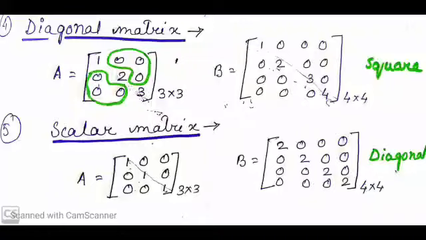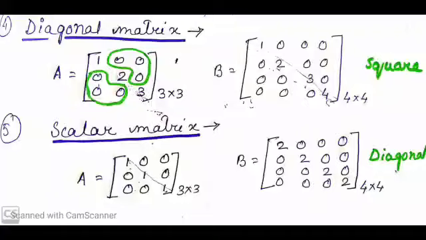Next is scalar matrix. What is scalar matrix? Scalar matrix means when the diagonal elements are equal and the non-diagonal elements are 0. So here the first example, matrix A has 1, 1 and 1. These are the diagonal elements and all the diagonal elements are equal and the non-diagonal elements are 0. So this is a 3 by 3 matrix.